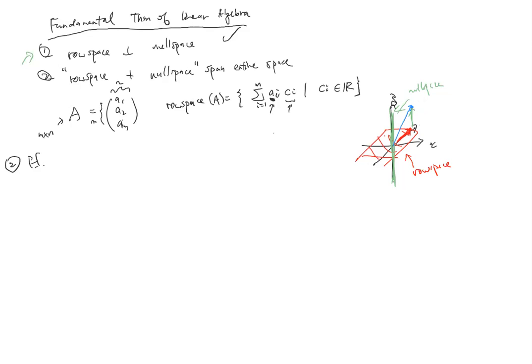Maybe I use this blue color here, the y. As I said, if row space and null space span the entire space, then y should be able to split into y1 and y2, with y1 in the row space and y2 in the null space.